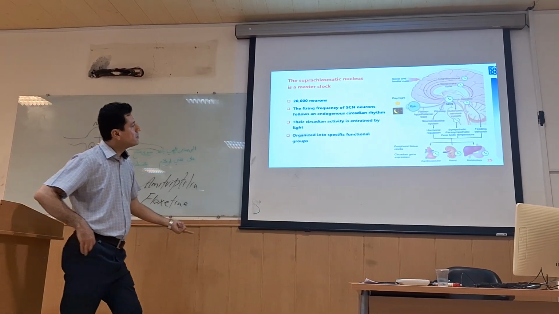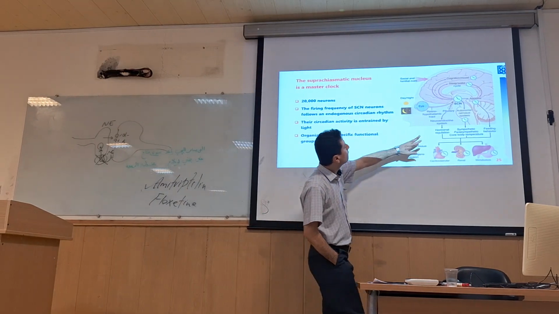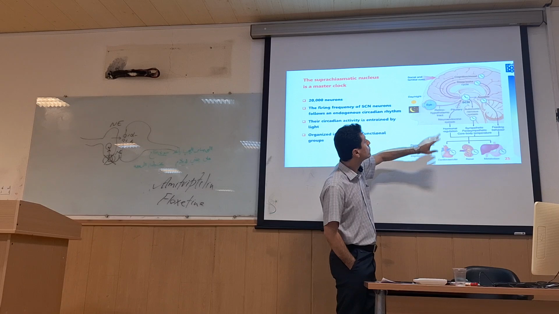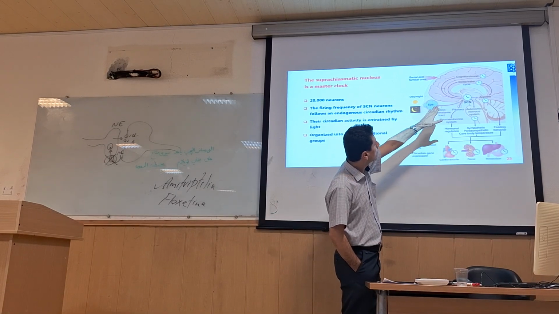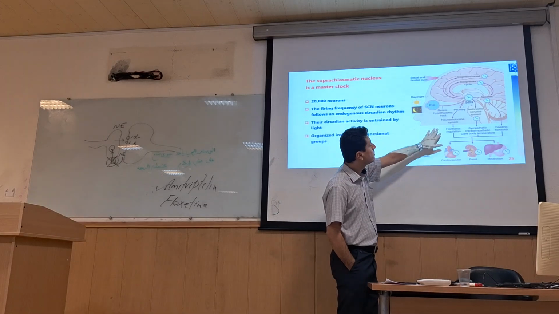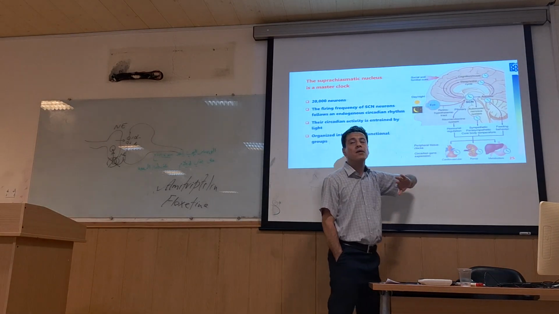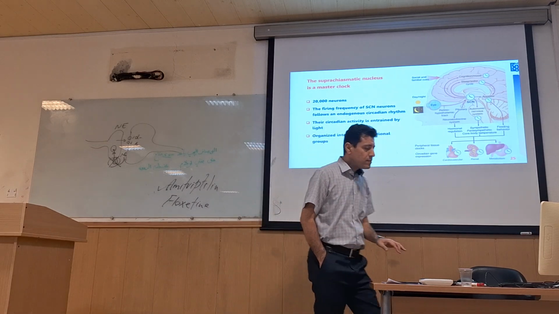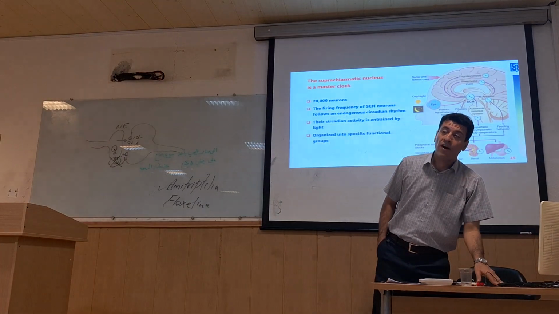They release GABA, and they target different areas of the brain, different areas responsible for different functions, like cognition and sleep and wakefulness, appetite, autonomic nervous system, endocrine system, GI system, everything. So, this is the internal clock of our body.